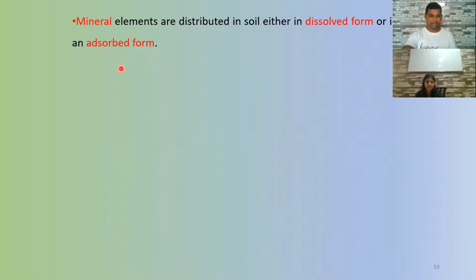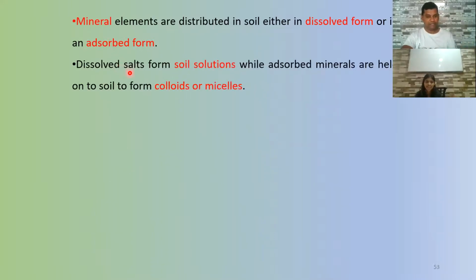These are elements from the periodic table. Salts हैं, वो solution बनेगा. And the adsorbed ones are only on the surface of the particles, so they will form colloids or micelles, atoms on the surface.